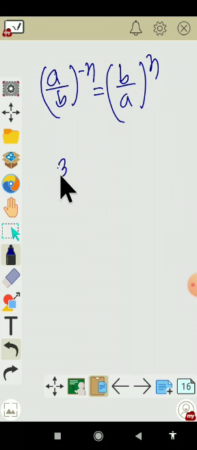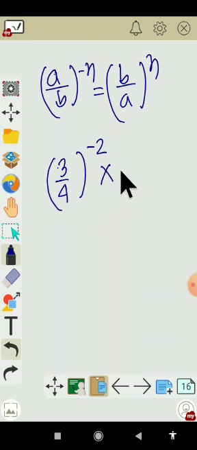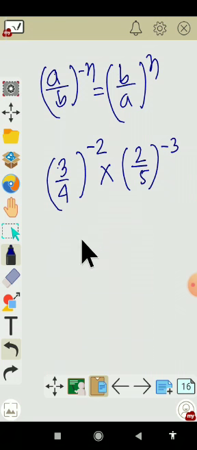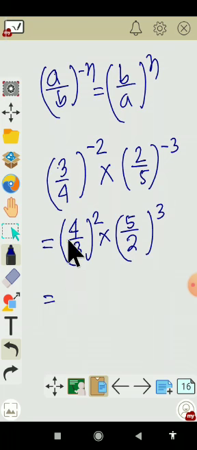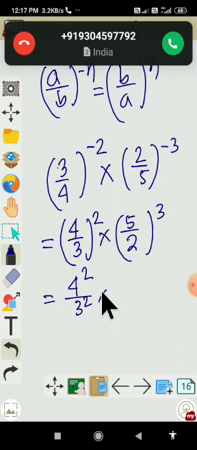Now we will see another application of this number. Suppose (3/4) to the power minus 2 is there and (2/5) to the power minus 3 is there. So now we will write first this one as (4/3) to the power 2 and this one as (5/2) to the power 3, and here we break this one as 4 square by 3 square.